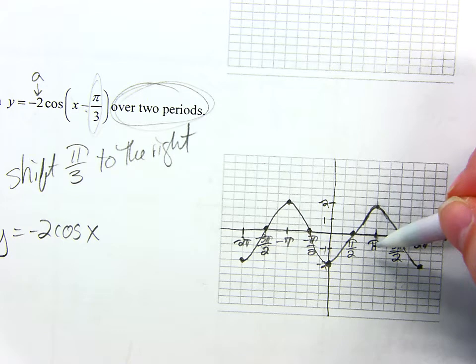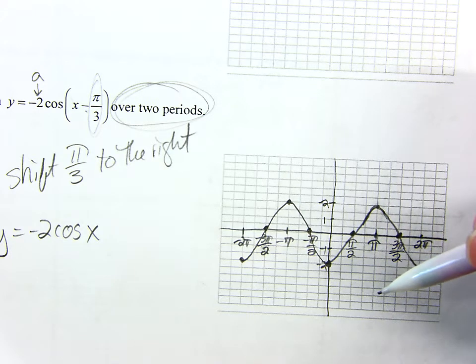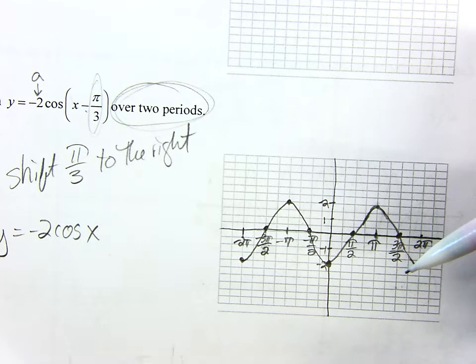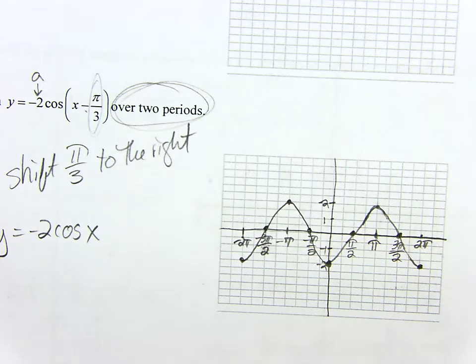So pi over 3, or 1/3 pi, would be 3 boxes? No, that would be 3/4 pi. 1.5? This is a trick. What's 1/3 of 4? 4/3, which is 1 1/3. So what I need to do is shift every point 1 1/3 boxes.